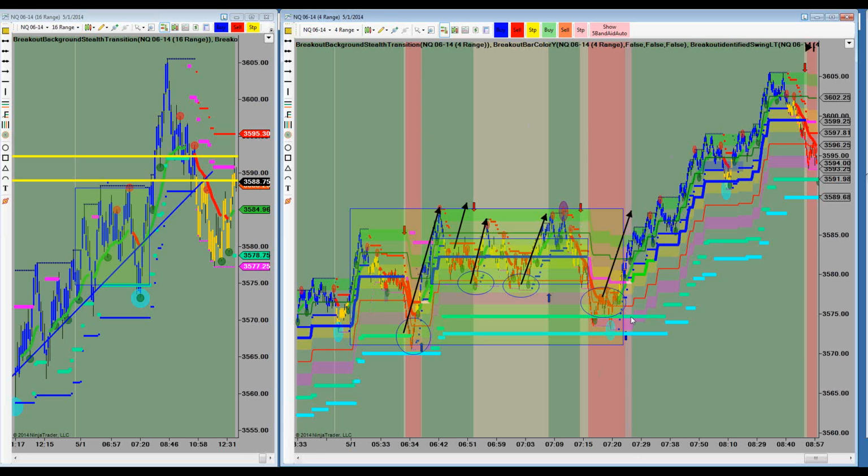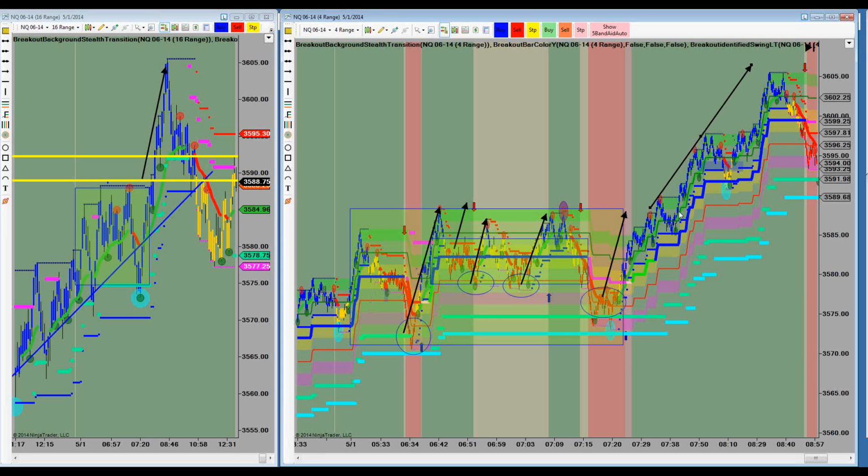Now that move, let me just show you this. This move from here to here is this move over here. I'm getting confused between these two, trying to put the two lines on each one.